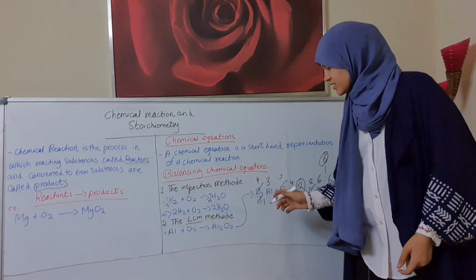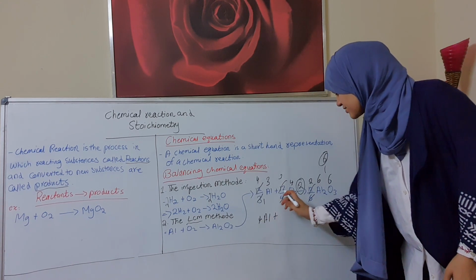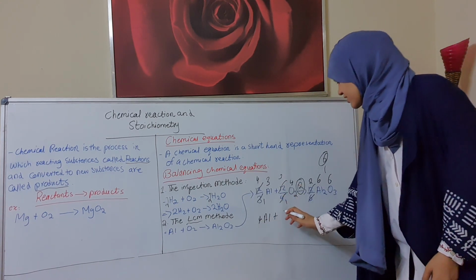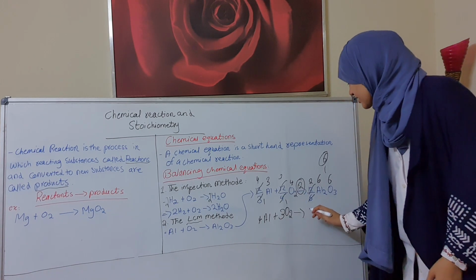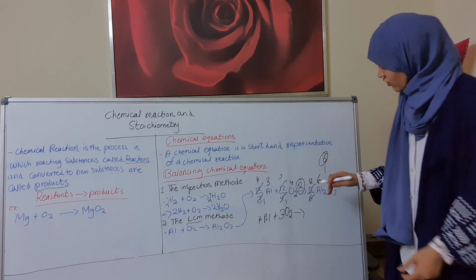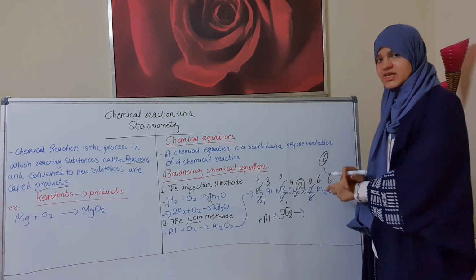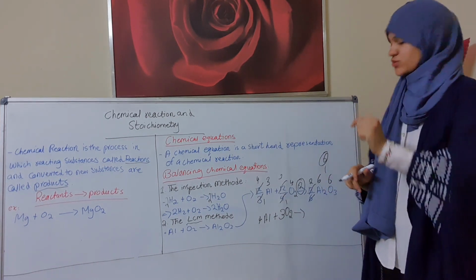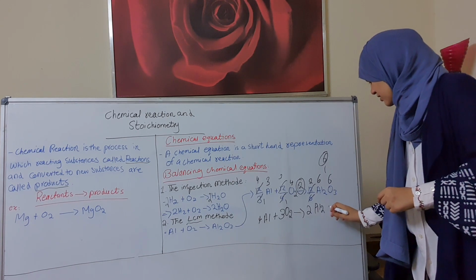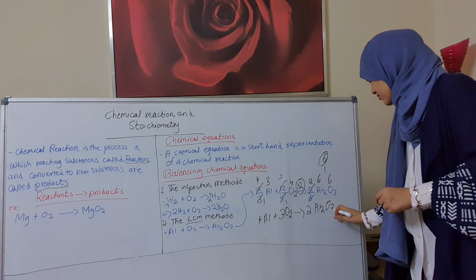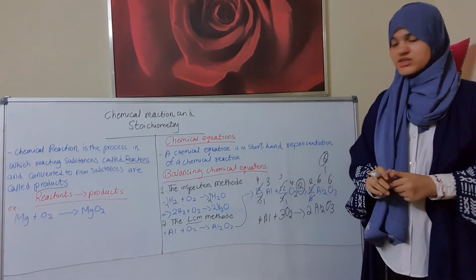So at the end, we have 4 aluminium plus 3 oxygen will give us, as we said, we will take only 1/6 and make 12 over 6, it will be 2 Al2O3. Now we want to see if this equation is balanced or not.